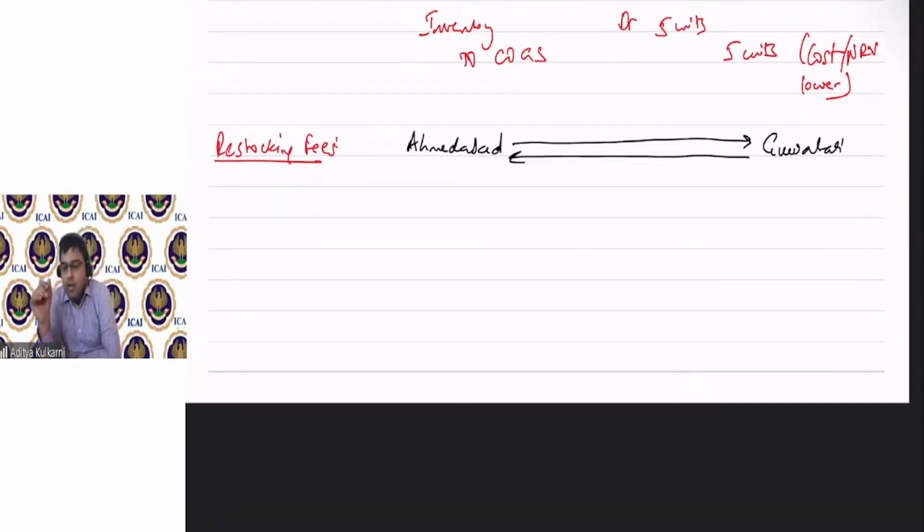Yes. Who will meet the transportation cost from Guwahati to Ahmedabad? Do you think the seller is going to meet that cost? Obviously, he will refuse and say, why should I incur the cost?